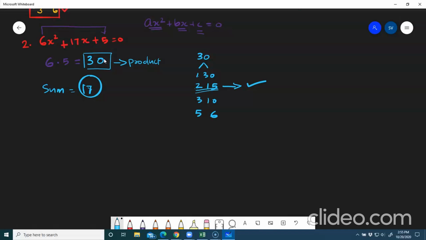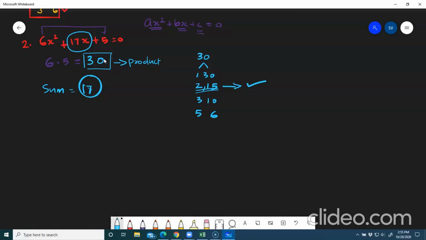So we can proceed with these two numbers. We are not directly writing the factors; we have 2 or 3 steps before that to reach the answer. What we need to do is take the middle term, 17x, and split it using these two numbers.